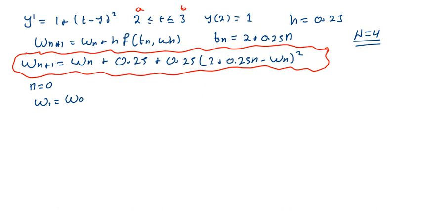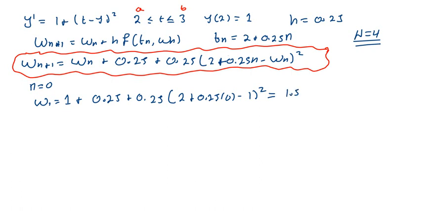That is 1. Then plus 0.25, plus 0.25 times 2 plus 0.25 times 0, minus w_n, which in this case, since n is 0, is 1, squared. If you punch that on your calculator, that's going to give you 1.5.